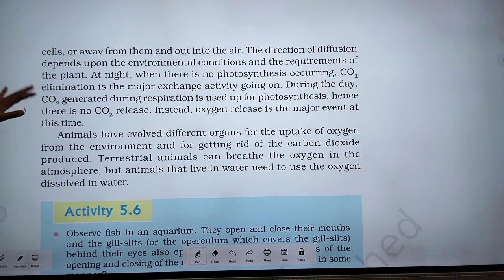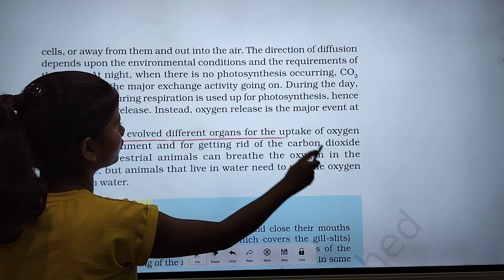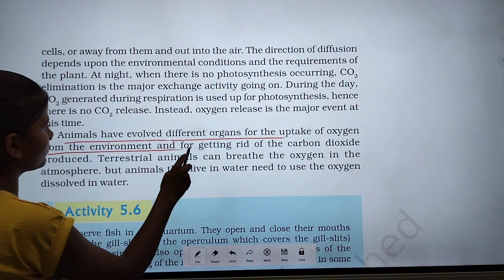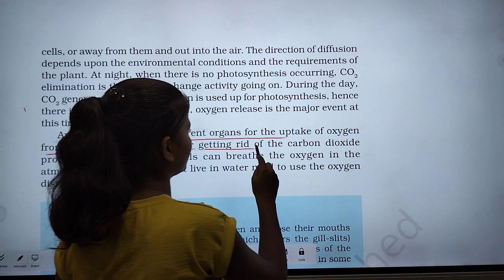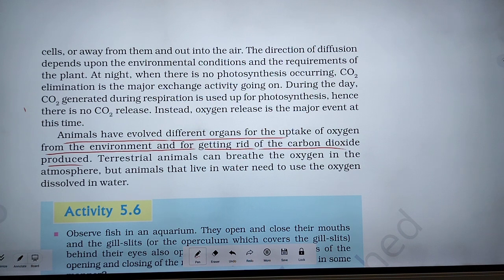This is all about plants. Animals have evolved different organs for the uptake of oxygen from the environment and for getting rid of the carbon dioxide produced.